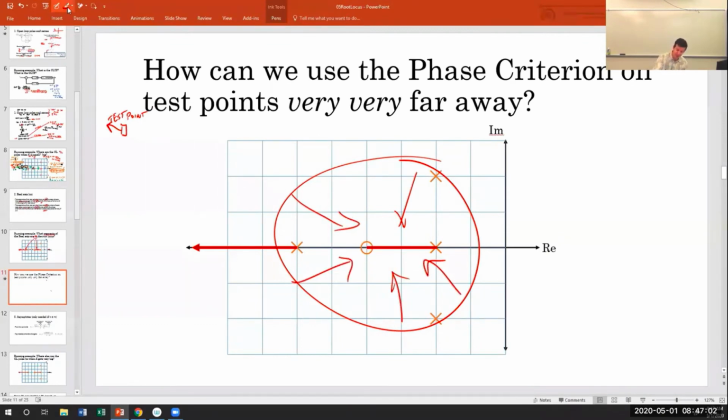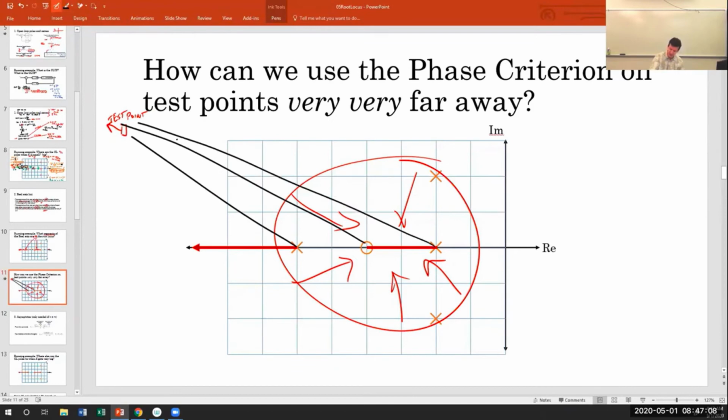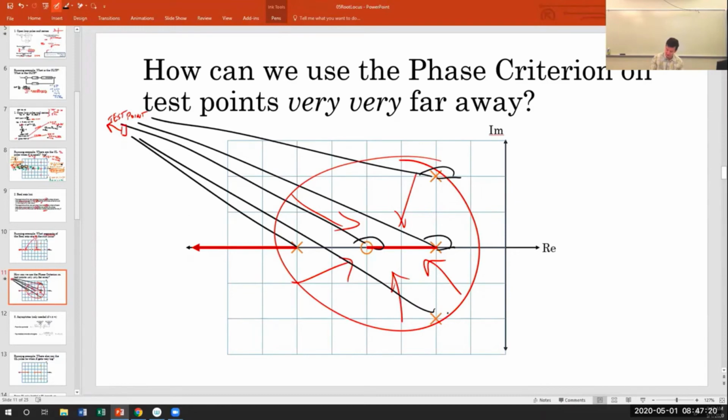The reason that's important is because the phase criterion is equivalent to these vectors drawn from the open loop poles and zeros to the test point. And so the phases of these vectors, or the angles, if you like, as this test point gets dragged very, very far away, aren't the phases all going to approach the same value? Can you see that? Yes, yeah.